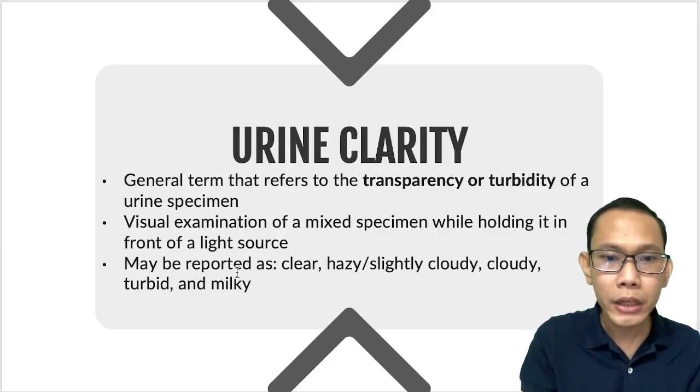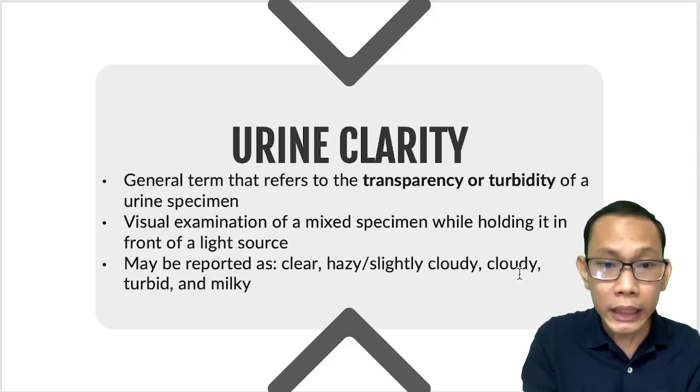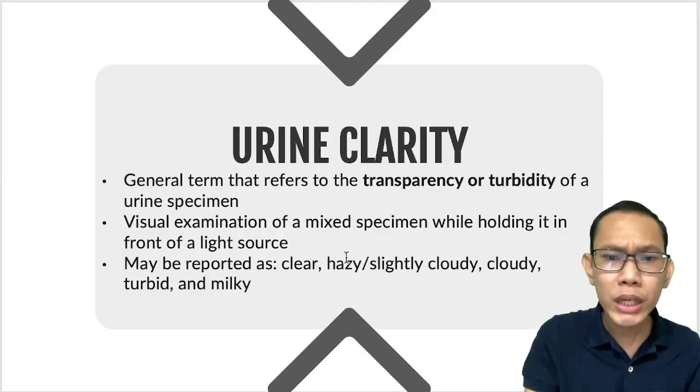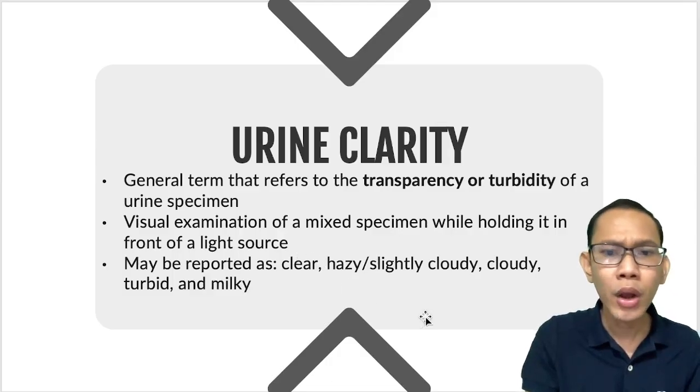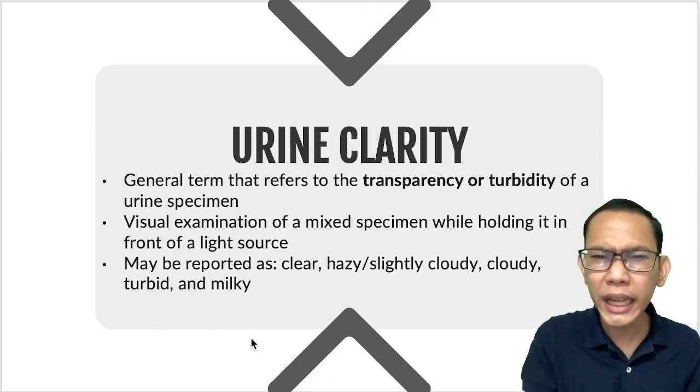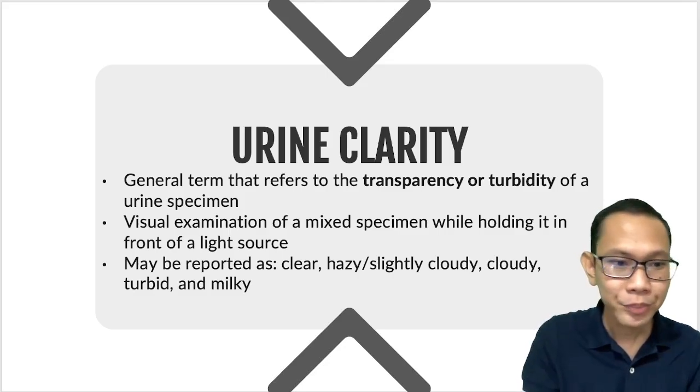So, it may be reported as clear, hazy, or slightly cloudy, turbid, and or milky. Again, sa urine clarity, we do not have a problem with it because we will have parameters for us to really identify what is clear, what is hazy, what is cloudy, what is turbid and milky. Unlike in your color, it will really depend on how you see that color, okay?